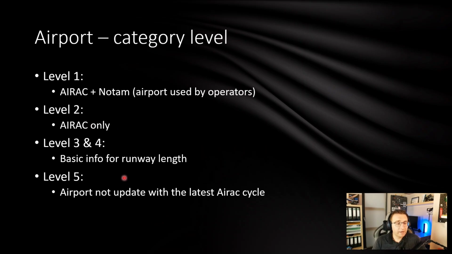And finally, level 5 are airports not updated with the latest AIRAC cycle, from very remote airports that nobody is interested in. The important thing to understand is that the major airports will be covered in level 1 or level 2 for sure.